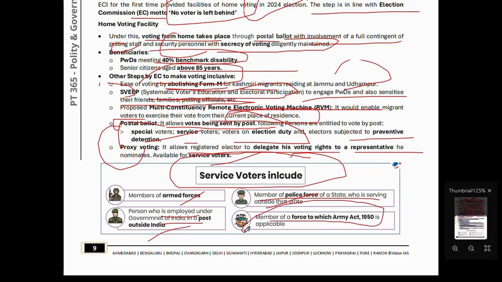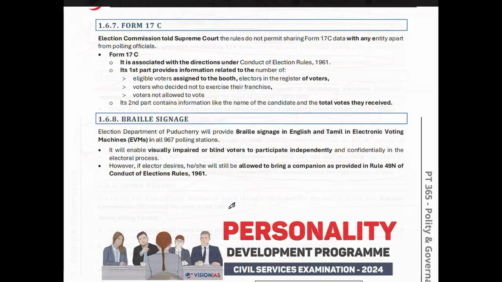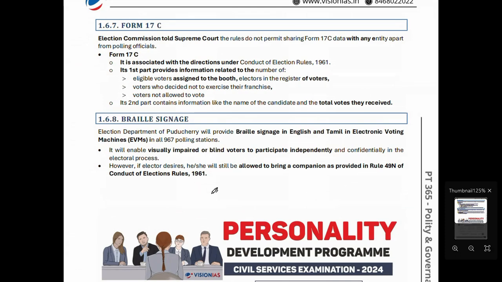The next article is Form 17C. The Election Commission of India told the Supreme Court that the rules do not permit sharing Form 17C data with any entity apart from the polling agent. This may be an important question: UPSC may ask what Form 17C is related to, such as the Election Commission, health, or agriculture.